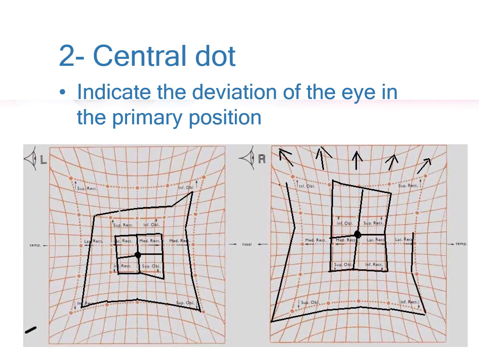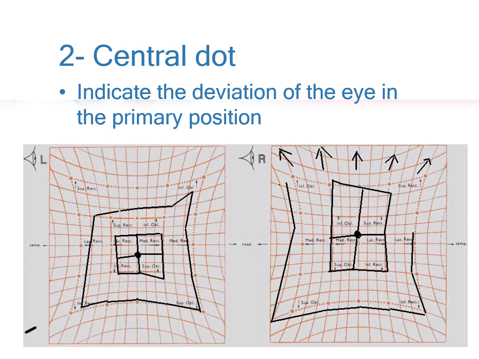The second thing you need to look for is the central dot. The central dot indicates the position of the eyes in the primary position. In this patient, it is obvious that the primary pathology is in the left eye, as it is the eye with the smaller field. When we look at the central dot of the left eye, we see that it is inferiorly displaced.